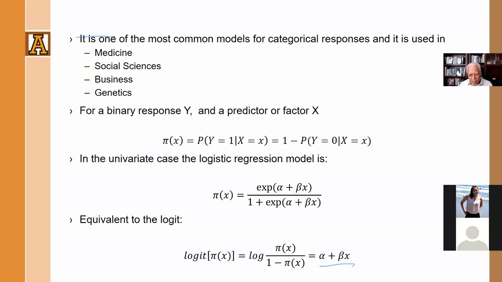So the logit is considered a linear classification model. We do not have restrictions on what x can be. X can be continuous, discrete, or categorical. The interpretations change depending on whether a certain predictor is continuous or categorical.